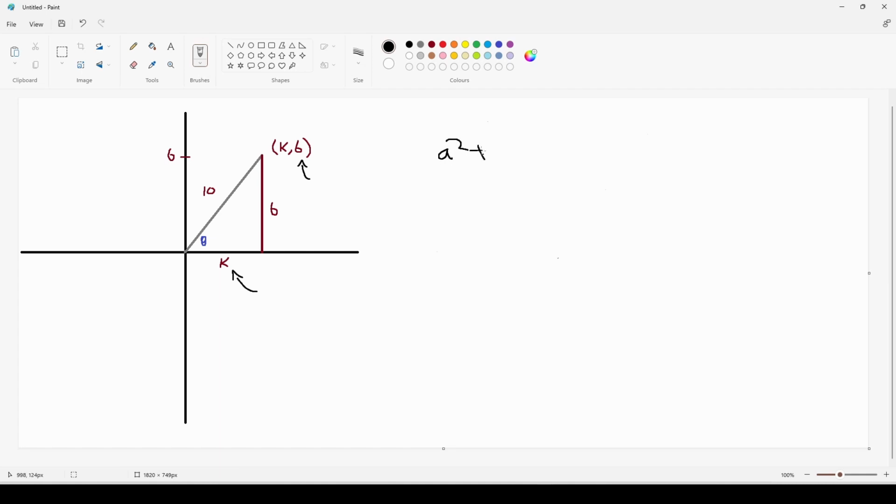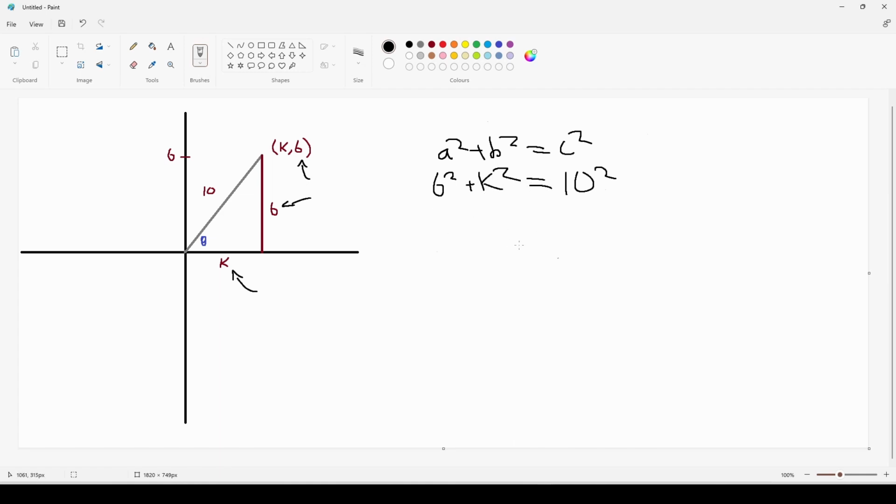a squared plus b squared is equal to c squared, only this time we already have the value of c squared, which is 10 squared, and we're going to take our 6 here and count it as our a value, which is 6 squared now, plus k squared.